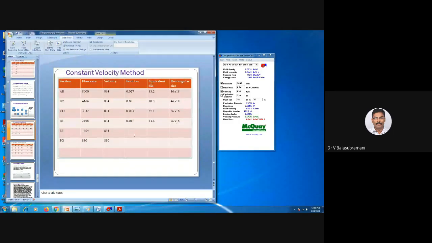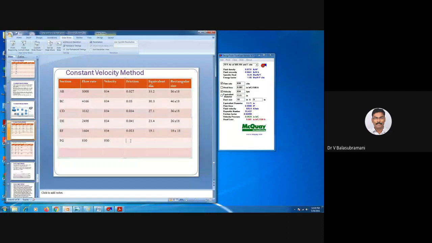Next, EF, 1664. For 1664, the value is 0.053, the equivalent diameter is 19.1 and the rectangular size 18 cross 18. This is a square duct. The last one, 830.